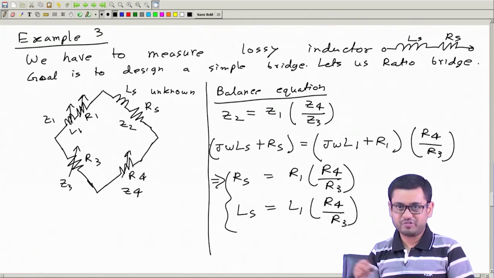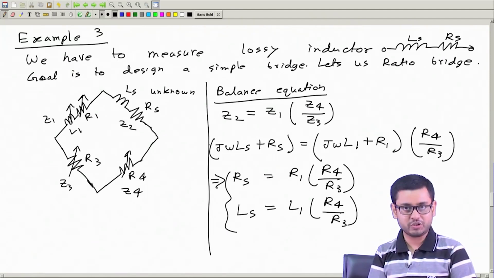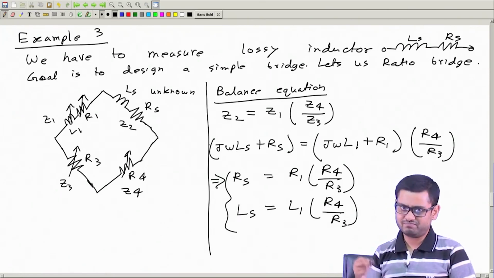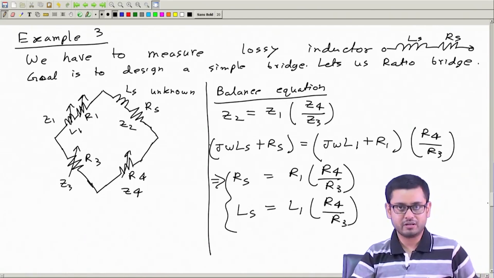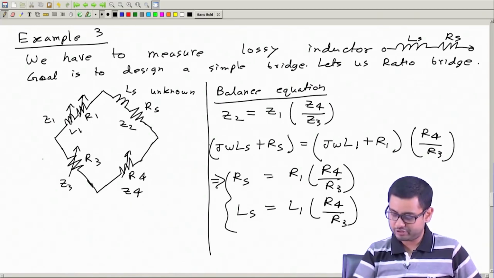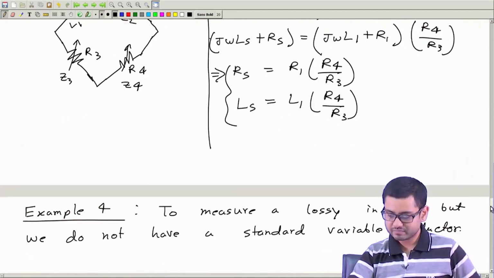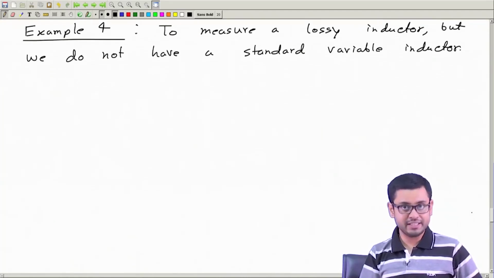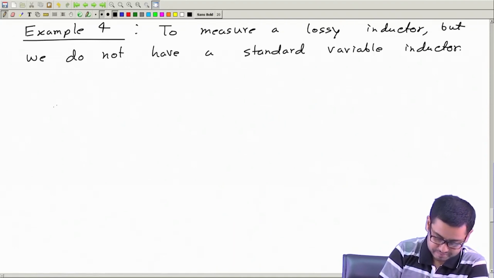This is not a funny question, this is a practical question, because standard inductors are difficult to prepare, difficult to have. We will talk about later why. Right now you accept that it is difficult to have a standard variable inductor. Okay. So this is a more challenging question, let us do it.